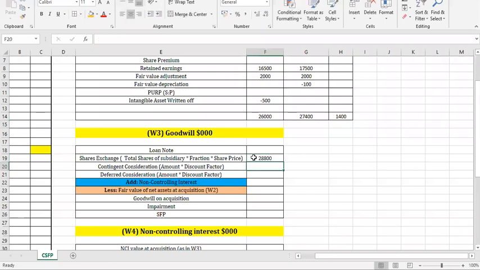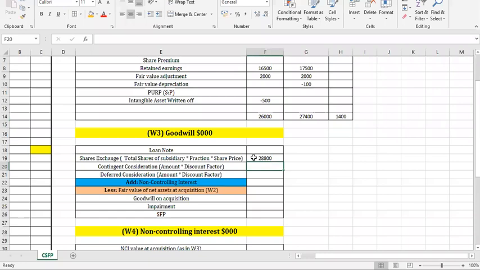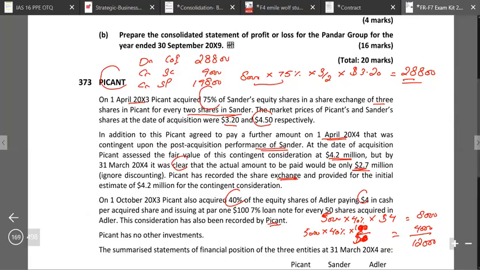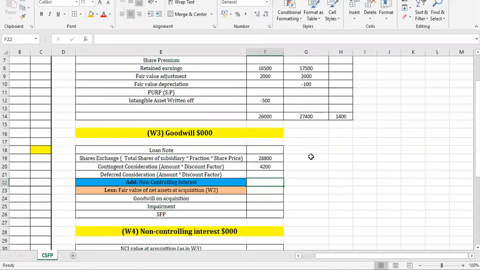And then you have the contingent consideration, which was 4,200. Then you have the value of the NCI, which we have calculated, and it was 9,000. And then you have the net assets at acquisition, which was 26,000.